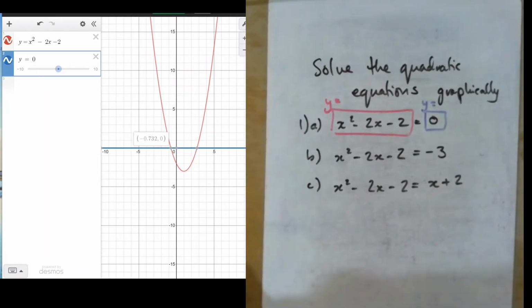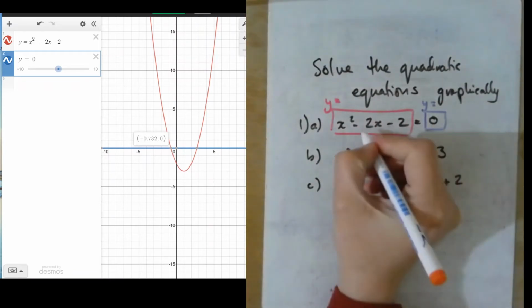I'm not sure how clearly you can see it, but if you are doing it by yourself, you should see these grey dots right here, which are your intercepts. If I have this intercept, that is giving me the solution. So let's pop that down.